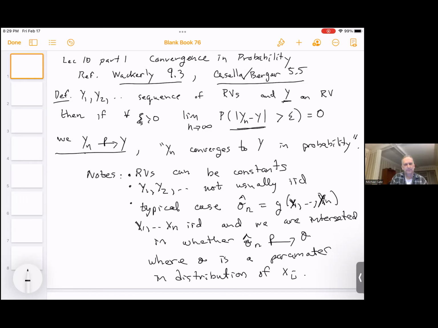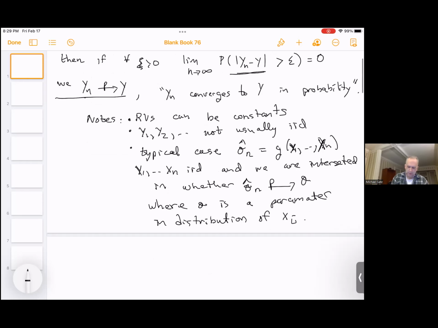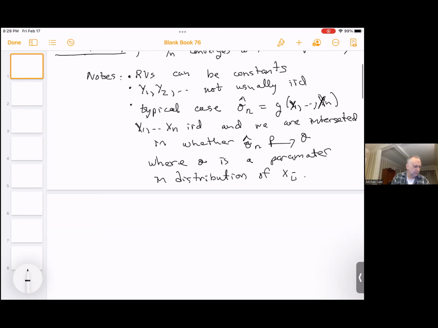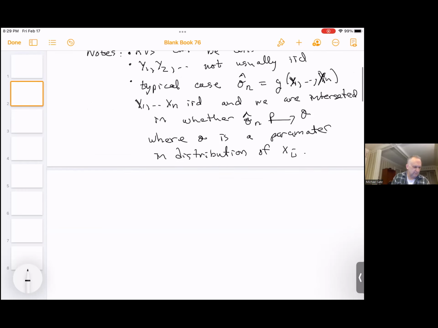Okay. All right. So let's continue with this. The first example is the most important example and something we've done already. So let's just do it again so that we can bring our new definition in.